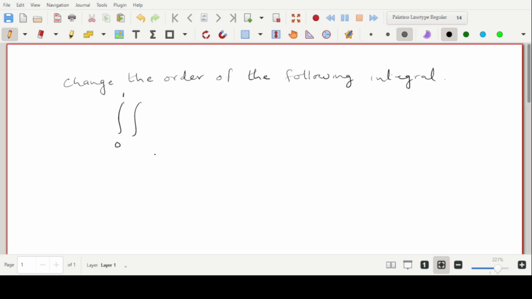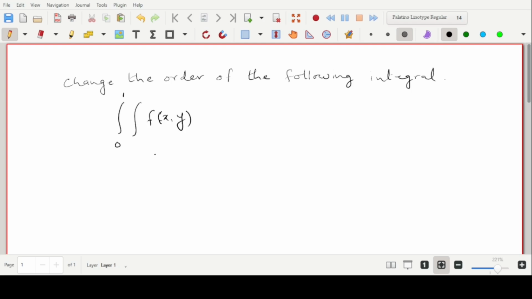I'm not writing the function, let it be f of x y, because now that we are only changing the order of the integral, what really matters is the region and the interplay between the limits of the integrals. So this function has no role to play here.